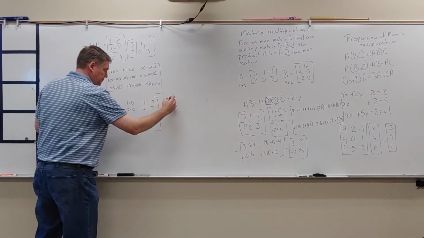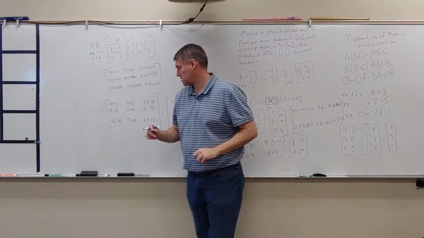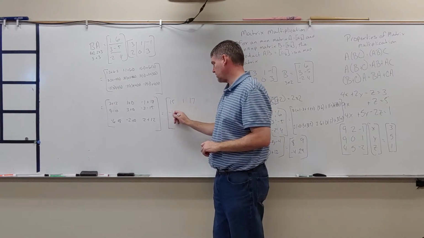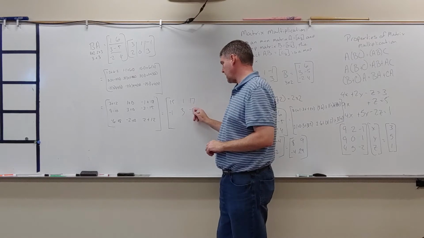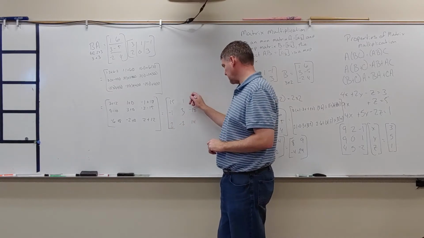Now I'm going to add them. Here's my 3 by 3. 15, 1, 17, negative 1, 3, negative 18, 2, negative 2, 14.